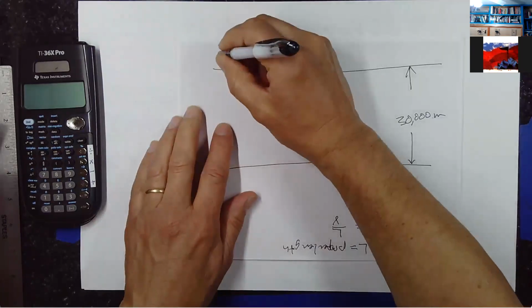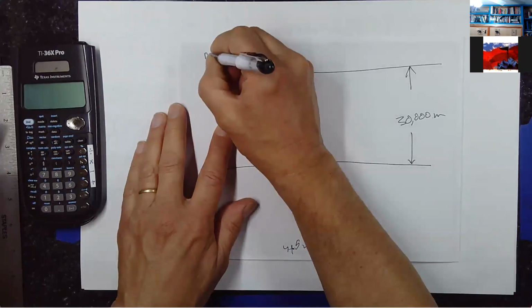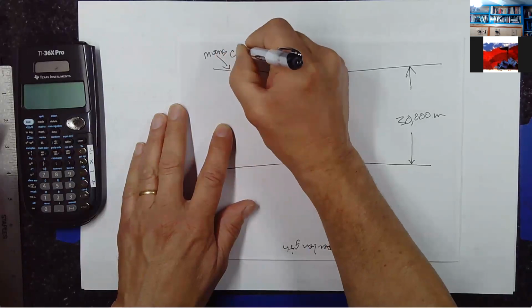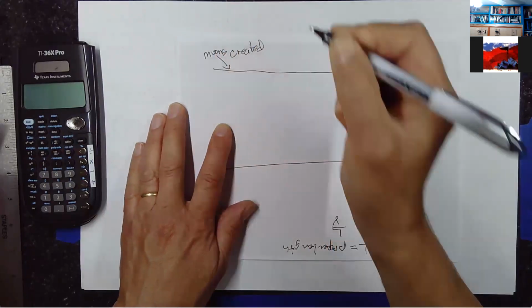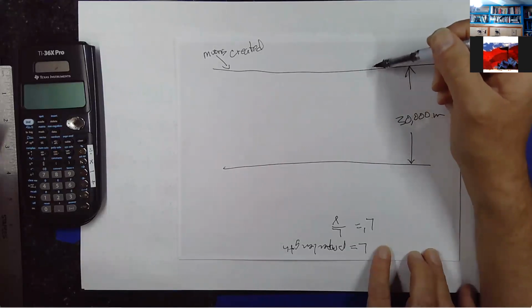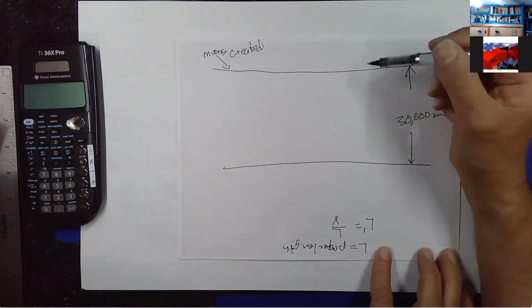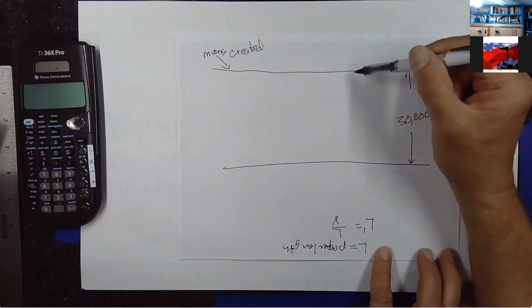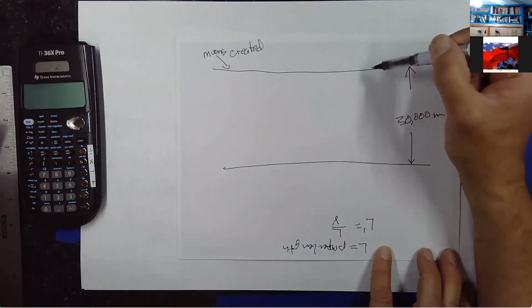And this will be where the muons are created. Now, if you fly a balloon up to 30,000 meters, which is doable, a lot of research balloons get floated higher than that by quite a bit.